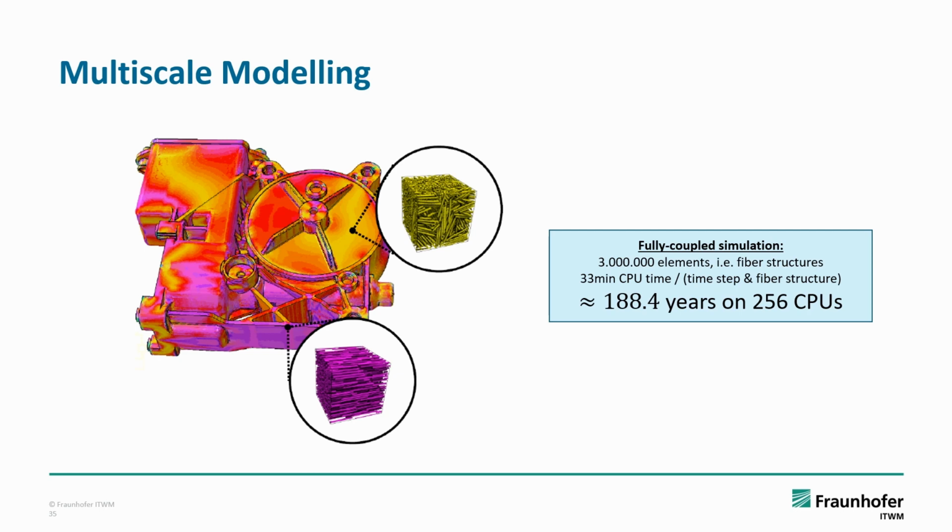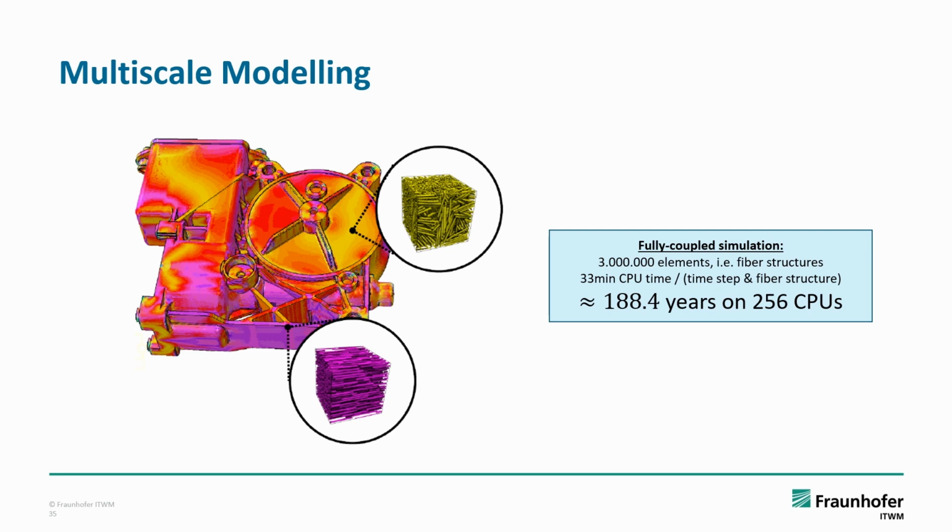And what is actually the problem when trying to simulate a whole component is that a fully coupled simulation, so fully coupled means that to every, for example, finite element that you have discretized on the macroscopic scale, the fiber structure of the underlying microstructure is directly linked to the material law in this point, is not feasible with the computational means that we have these days.